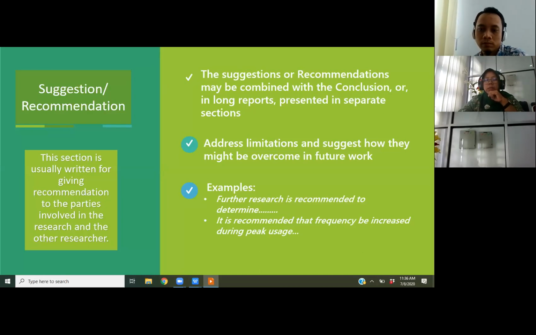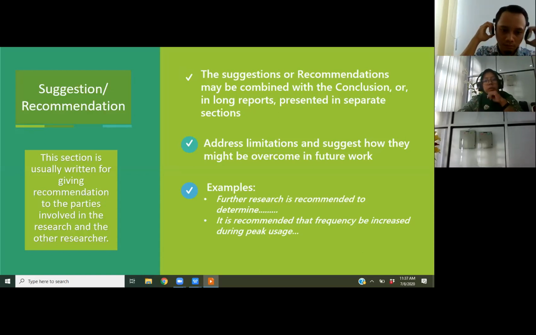In some institutions, suggestion and recommendation may be combined with a conclusion, or in a long report presented in a separate section. It again comes back to your guideline in your study program or your institution. And in here, the suggestion and recommendation address limitations and suggest how they might be overcome in future work.